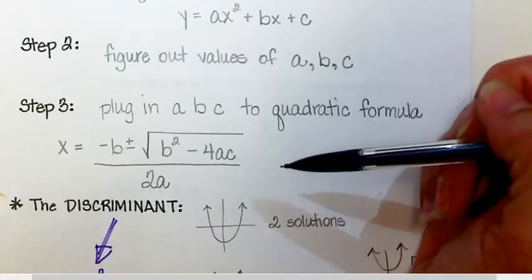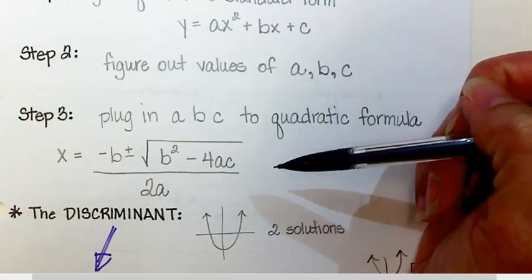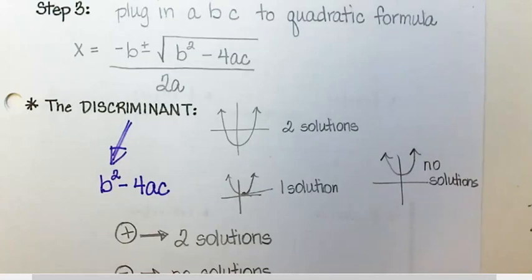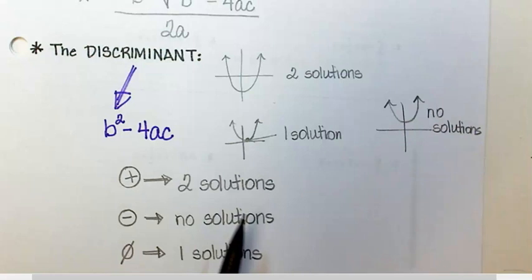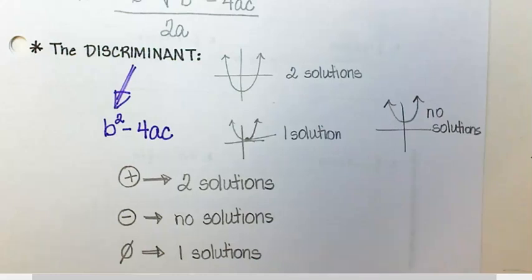Basically, the quadratic formula gives you a fail-safe way of figuring out what your zeros or your solutions are to a quadratic equation. Like I said, you can have two solutions, you might have no solutions, you might only have one solution. A lot of times we can take a quadratic equation and factor it, and we've done that.